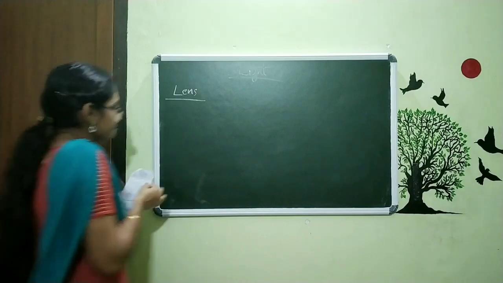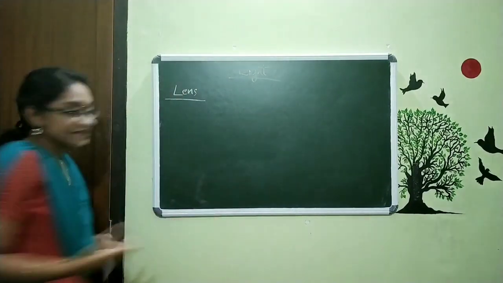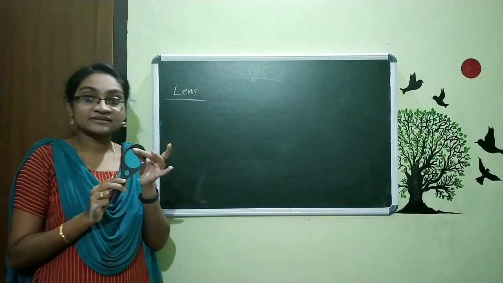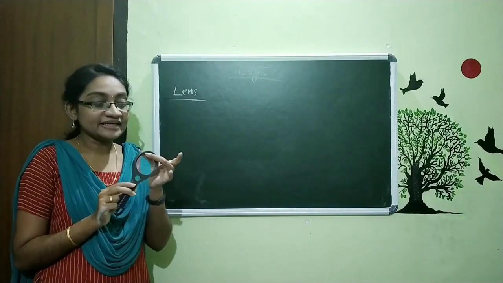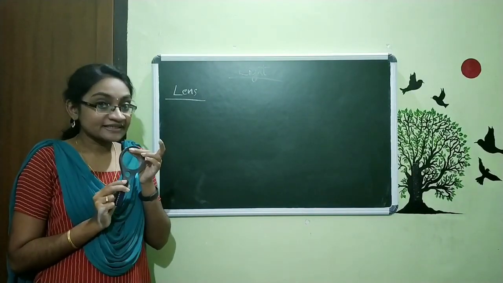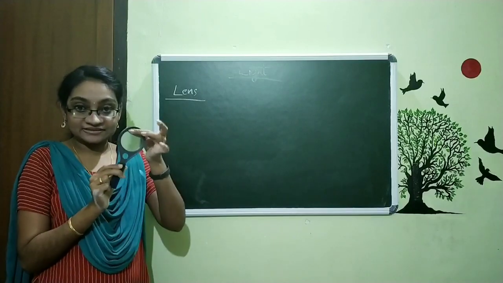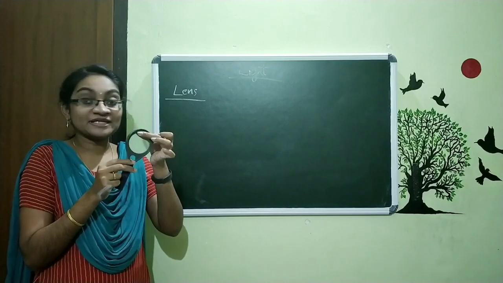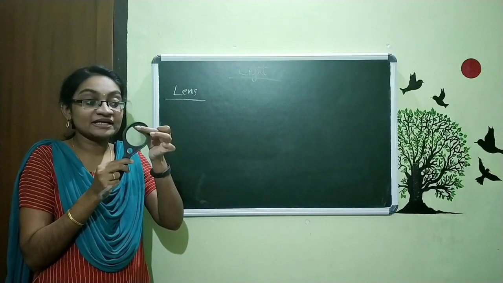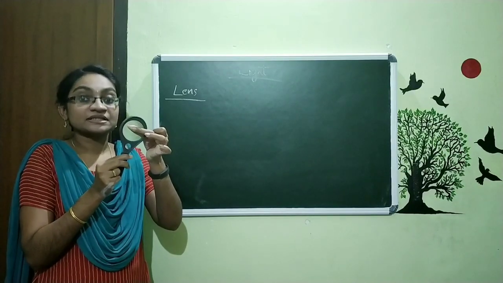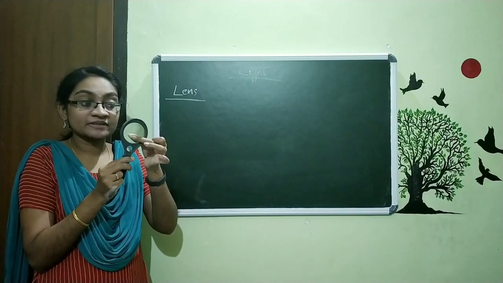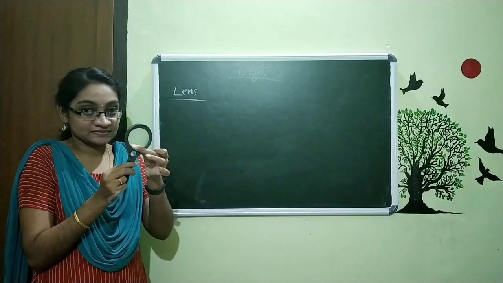For that, again we take the lens and check its structure. When I am touching this, I can feel that at this side the thickness is very little. That means this is the thin side, and when I move to the center, the thickness increases, and when I move to the bottom, the thickness decreases.